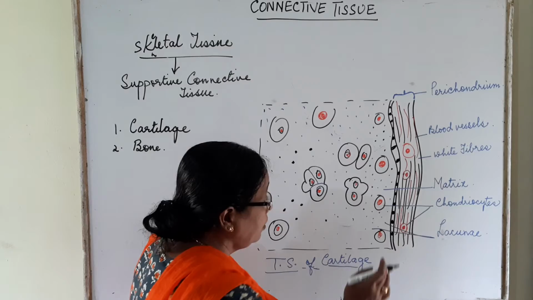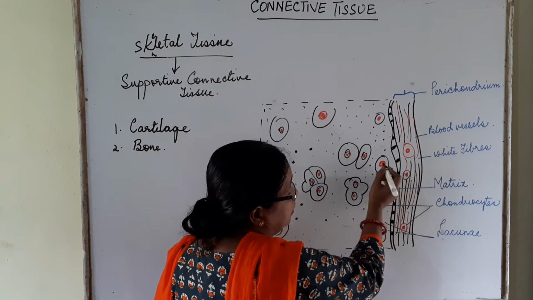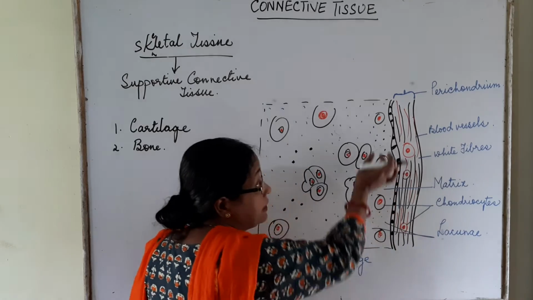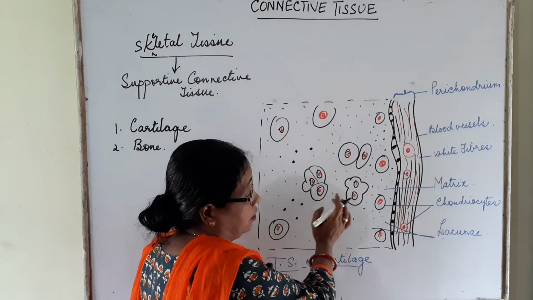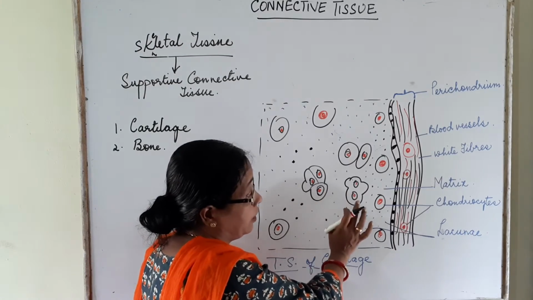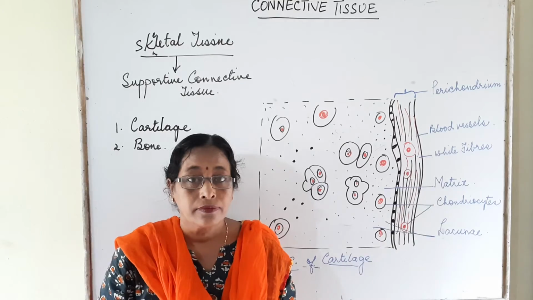In the same way, the chondrocytes are smaller and more numerous near the periphery, but towards the interior they become larger and less in number.